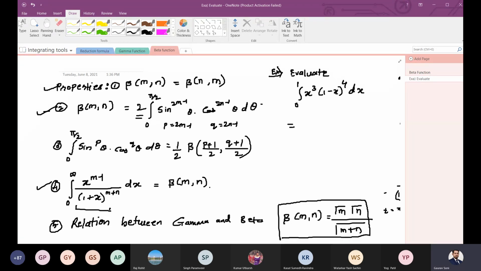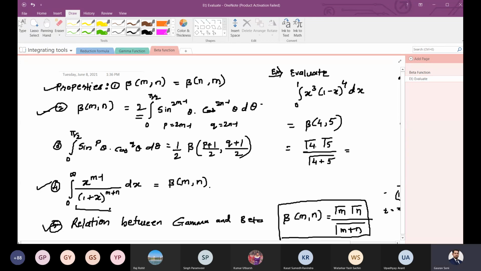Beta 4 comma 5. Beta of 4 comma 5, exactly. But by this property, the relation between gamma and beta, this is actually gamma of 4, gamma of 5 upon gamma of 4 plus 5.